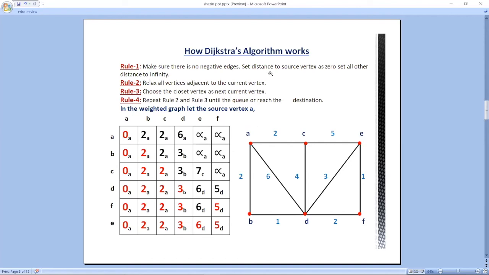Set distance. First of all, we need to set the distance to the source vertex as 0, because if we travel from A to A, then there will be no distance.